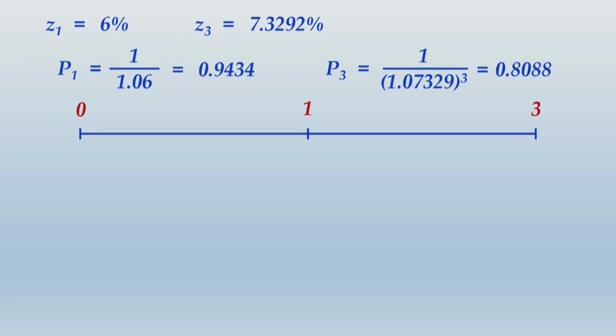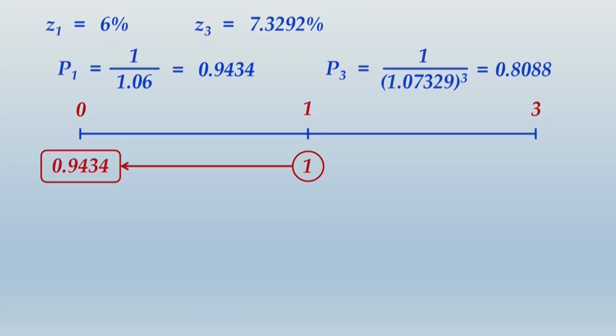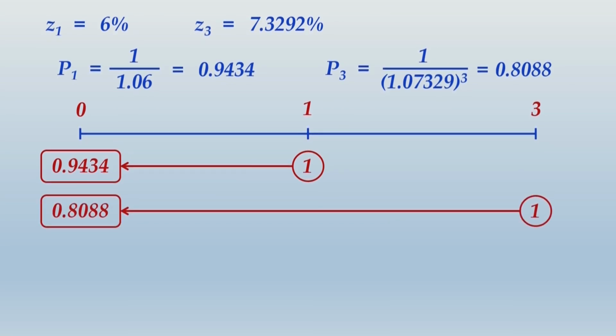If the par value of the bond that you get as maturity value after 1 year is $1, its present value will be 0.9434, that is basically P1. Likewise, if you get the par value of zero coupon bond after 3 years, so you get $1 after 3 years, its present value will be 0.8088.